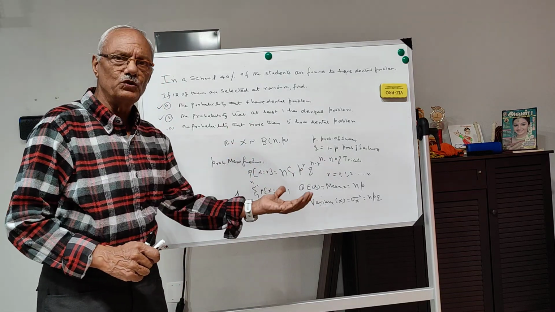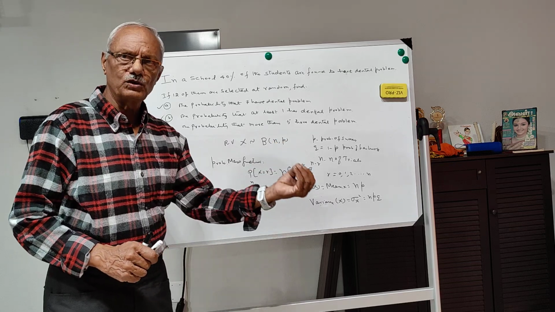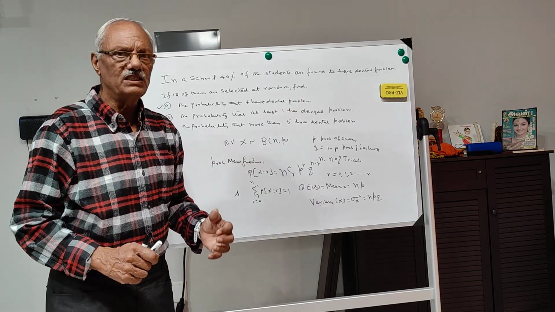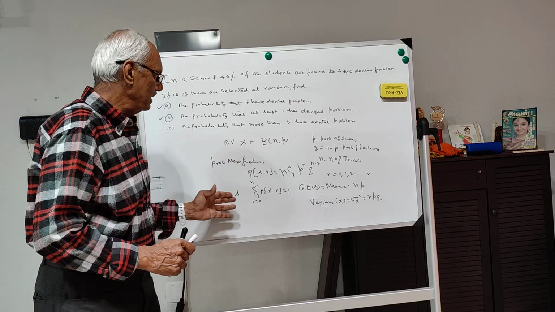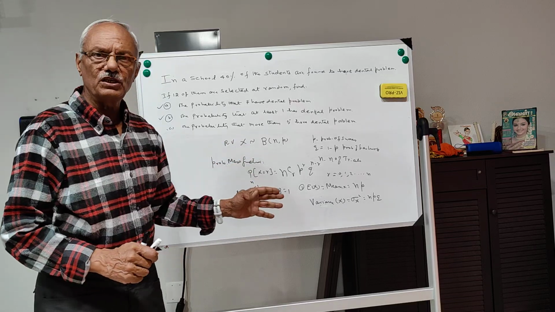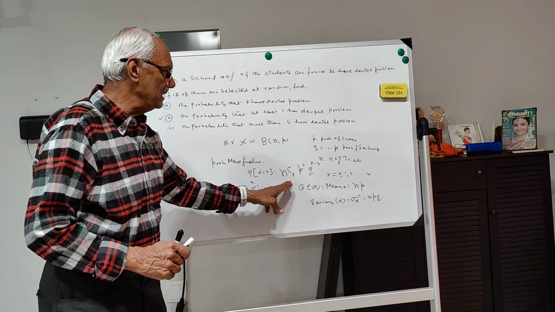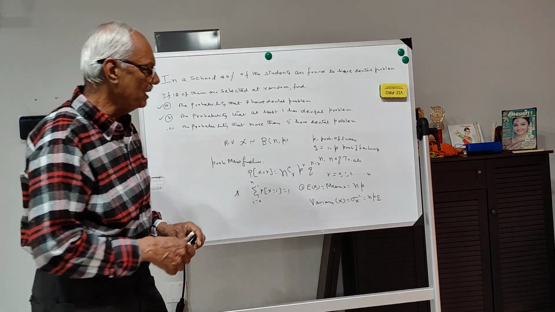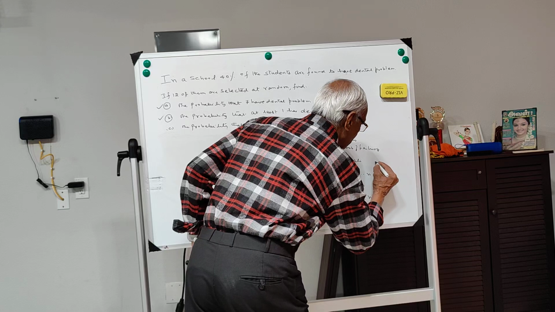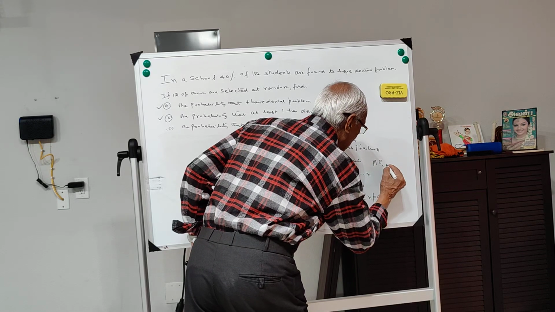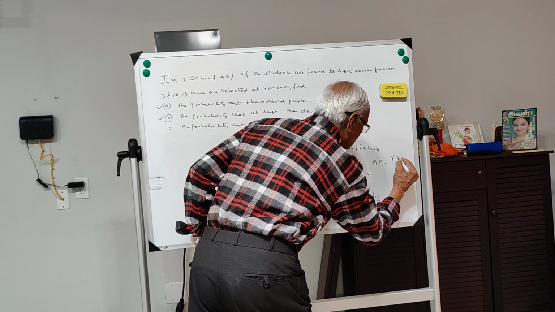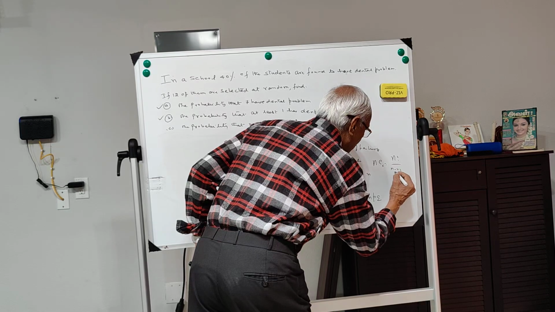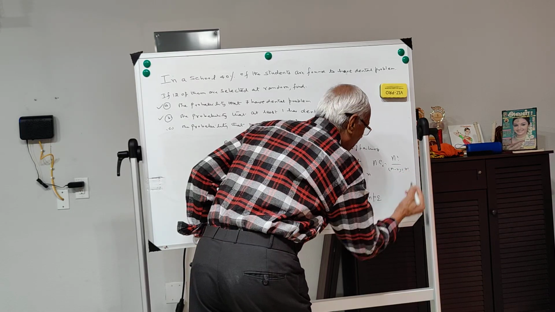The random variable that follows a binomial distribution is a discrete random variable. The probability mass function is given by nCr into p to the power of r into q to the power of n minus r, where nCr is equal to n factorial divided by n minus r factorial into r factorial.